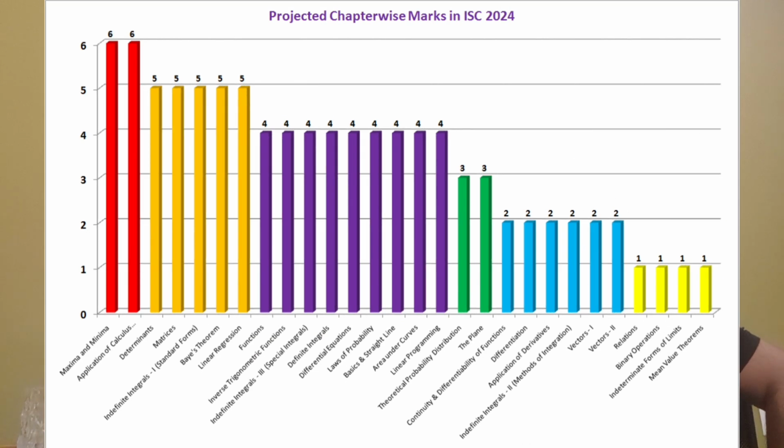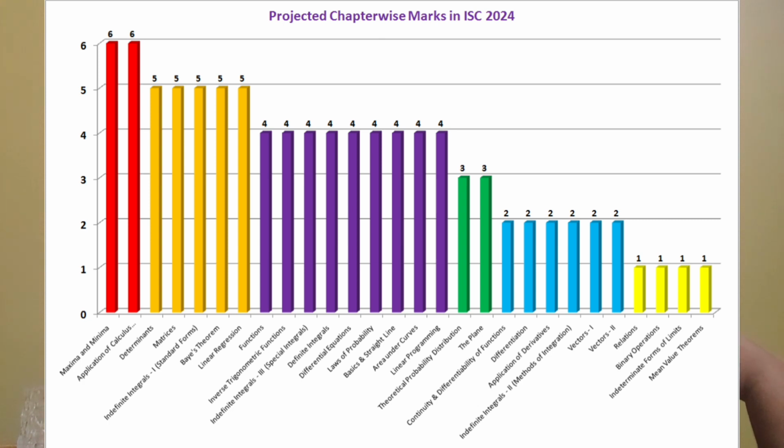Now if we see the chapter-wise projection, this is the list that you can see on your screen. So from relations we can have 1 mark, function 4, binary operation 1, inverse trigonometric function 4, determinants 5, matrices 5.